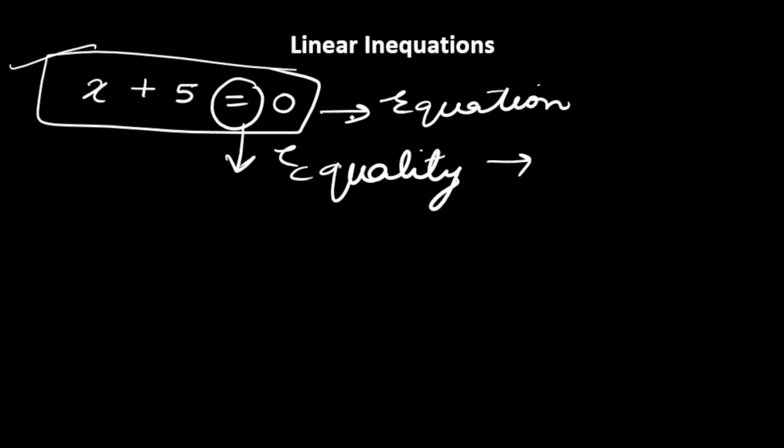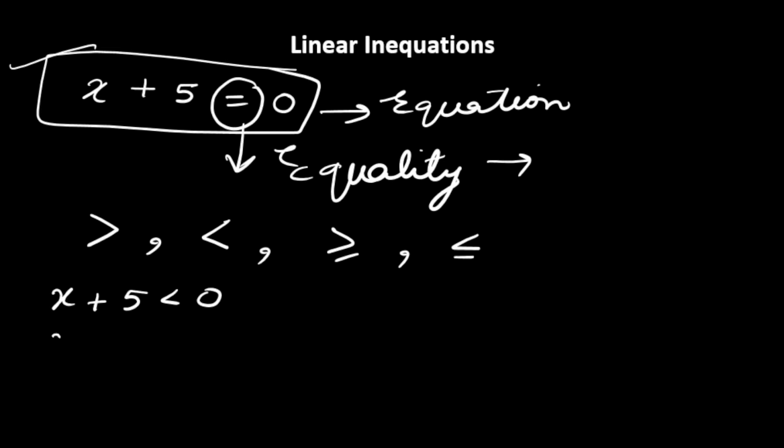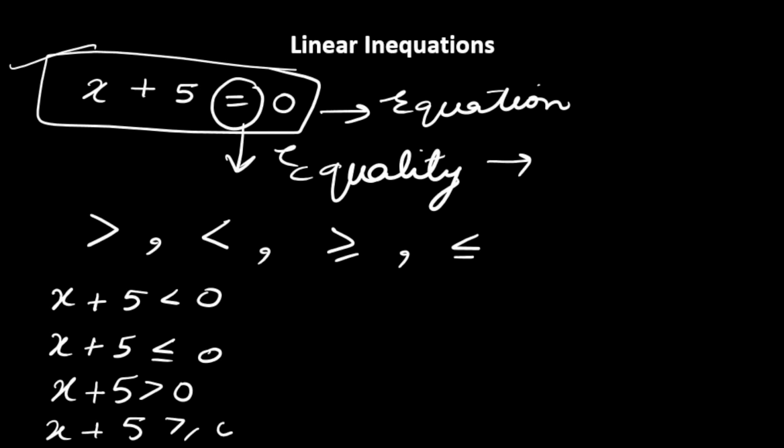Now we have signs of inequalities also. The inequality signs are greater than, less than, greater than or equal to, less than or equal to. Now in this chapter you will see expressions that are not equations, these are actually inequations, like x plus 5 less than 0, x plus 5 less than or equal to 0, x plus 5 greater than 0, x plus 5 greater than or equal to 0.